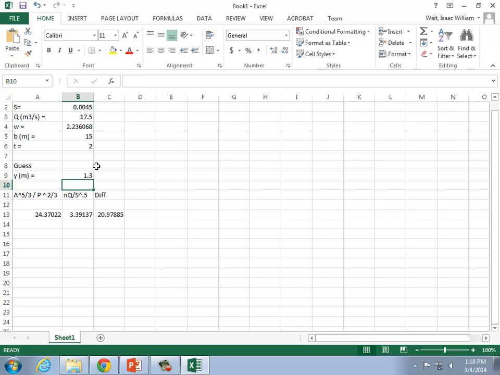1.3. I'm starting to think there might be an error in the formula. Let's see here, because that should be getting better as we approach the solution. Let's see here. The n value.